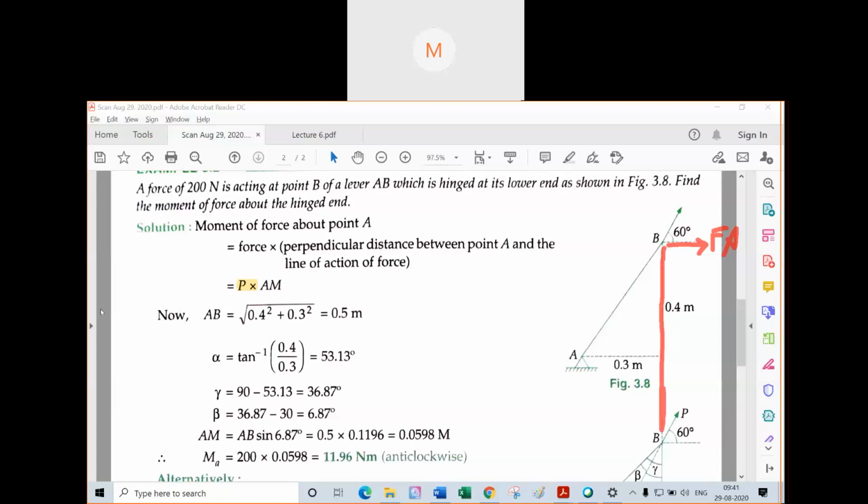If this is the perpendicular distance, it comes out to be 0.4 meter. So this one is f of x, so force into perpendicular distance.